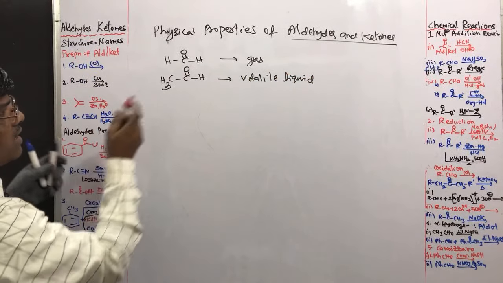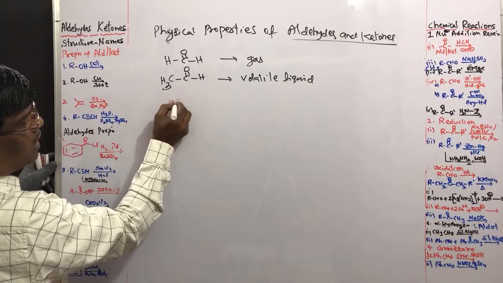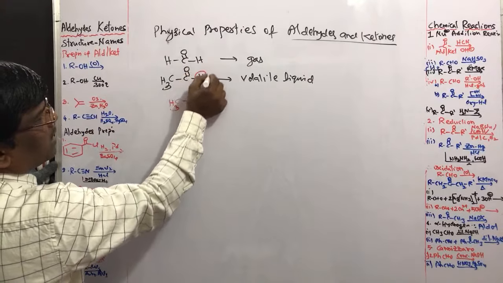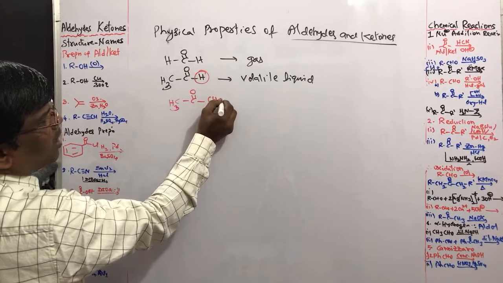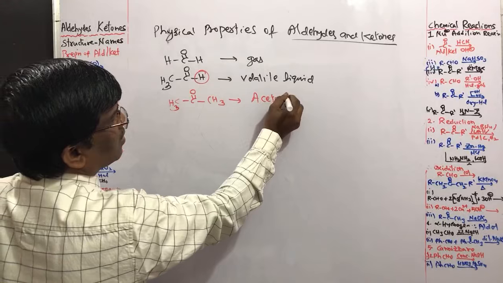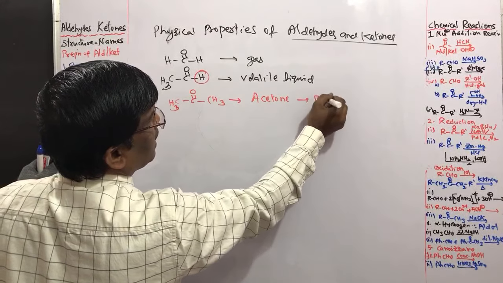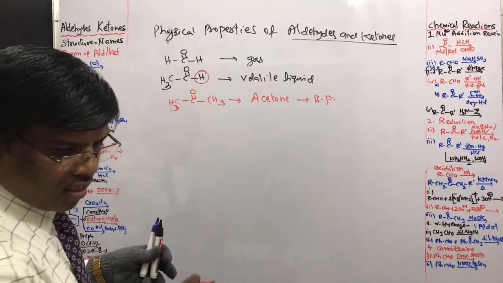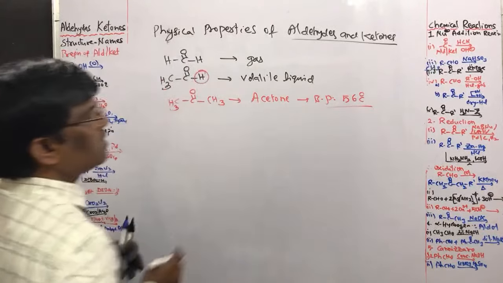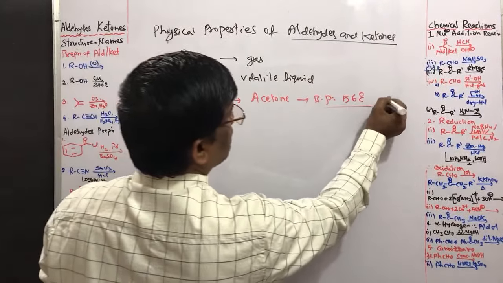And the first ketone, when I substitute this with methyl group, what is this? It is acetone, and its boiling point is 56 degrees centigrade. Dear students, it is going to be a liquid.